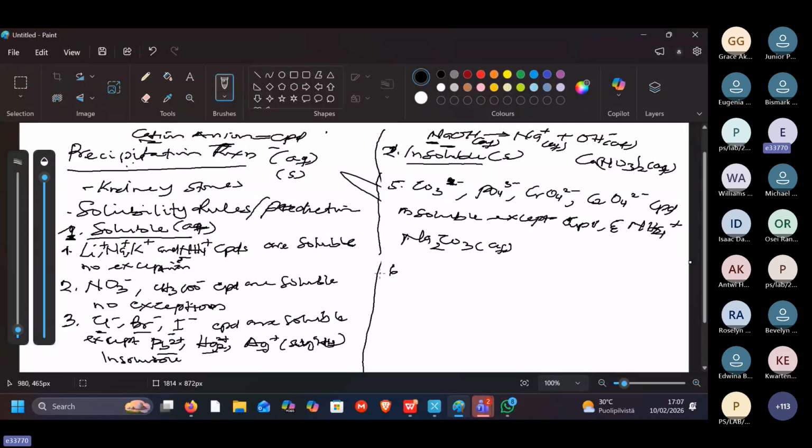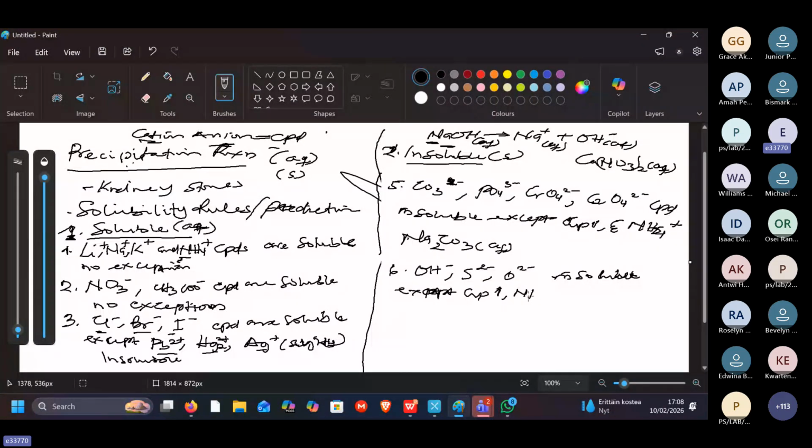Another rule is that the hydroxides, sulfides, oxides, and the other binary anions are generally insoluble, except when they meet with group 1, then they become soluble.